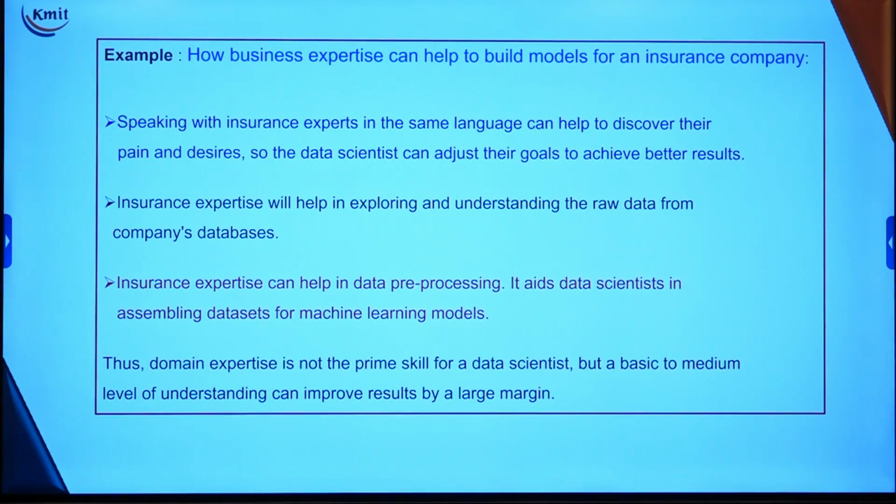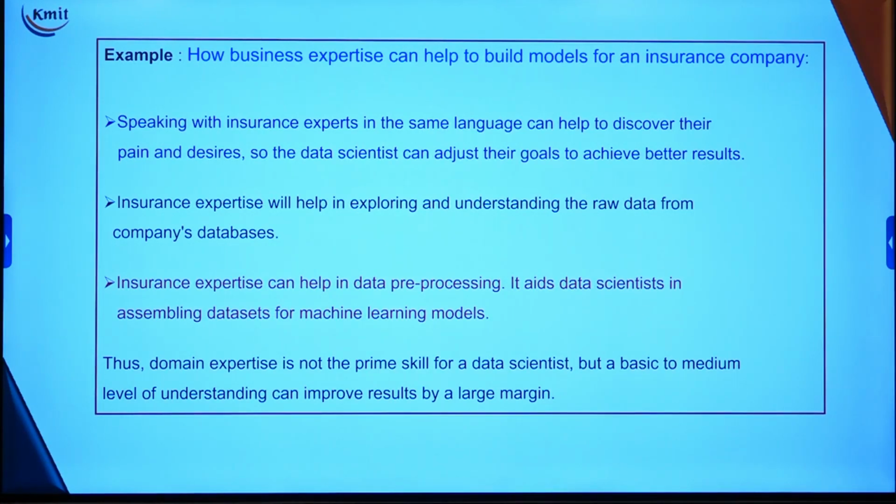So, naturally I will be in a better position. Insurance expertise will help in exploring and understanding the raw facts and data from the company databases. So, this is where my expertise in understanding the domain is required. Insurance expertise can also help in data pre-processing. It aids the data scientist in assembling databases for the machine learning model.